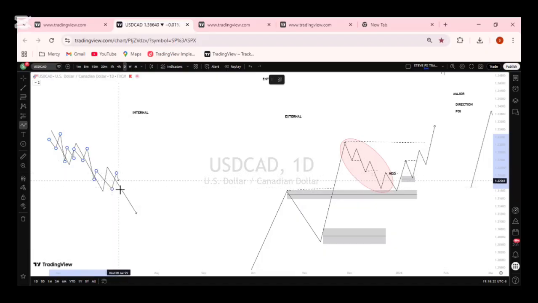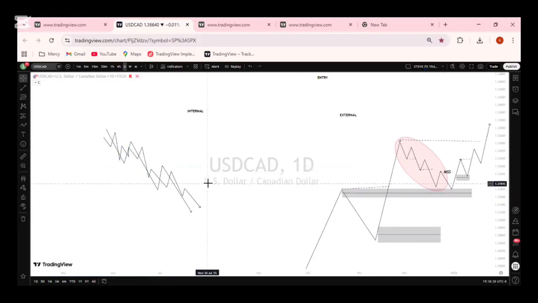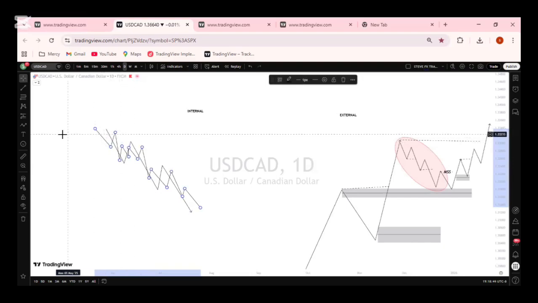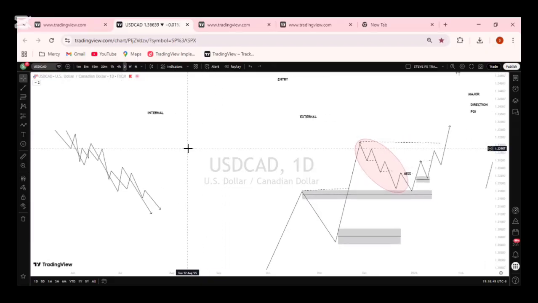Sorry, it's not really clear, but let's just consider it because we all understand what we are doing. So when we take it as an example and we switch over there, mostly the external break of structure provides us with executional opportunities.